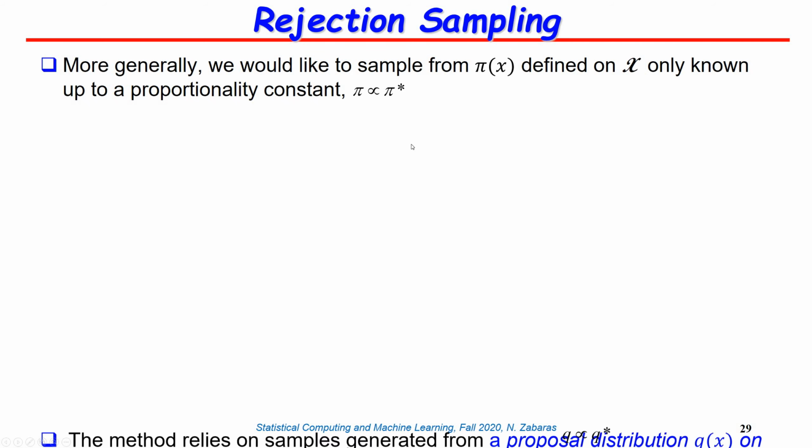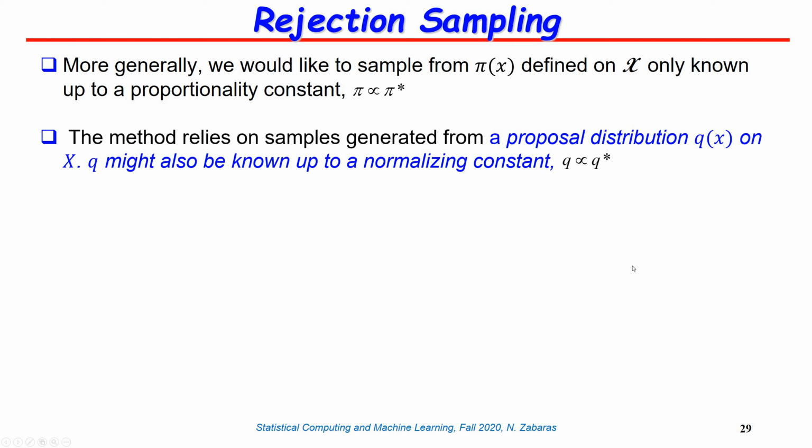All right, so idea number one, which is going to be essential in many algorithms, is that rather than sampling directly from pi, we're going to sample from some other distribution that we call the proposal distribution. I denote this distribution q of x. And even though we sample from another distribution, hopefully an easier one, the idea is that some of those samples may turn out to be samples from the true distribution pi of x.